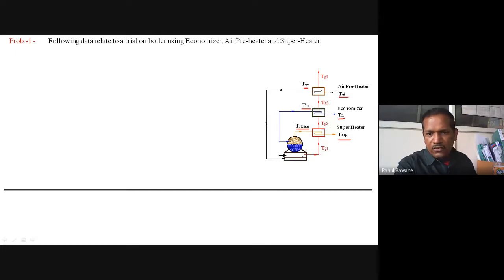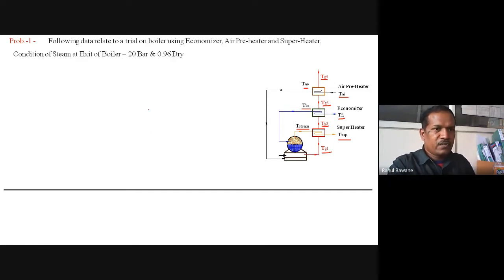The temperature of exhaust gas outlet of the boiler is TG1, after the superheater it is TG2, after the economizer TG3, and the temperature of exhaust gas which actually enters the atmosphere is TG4.